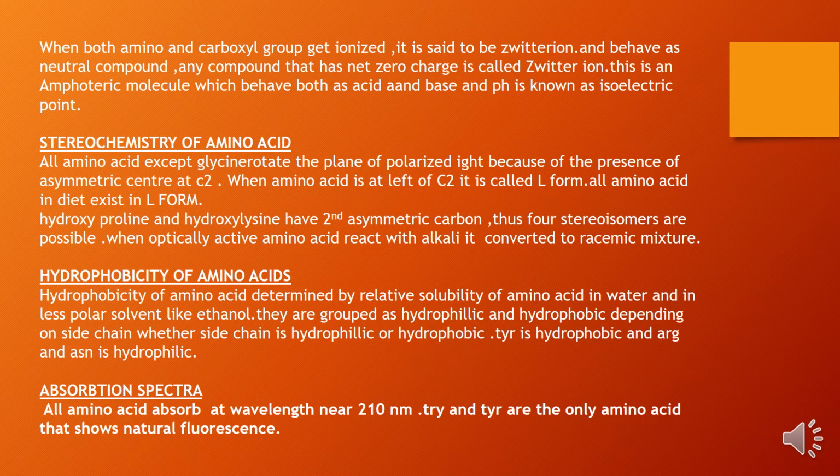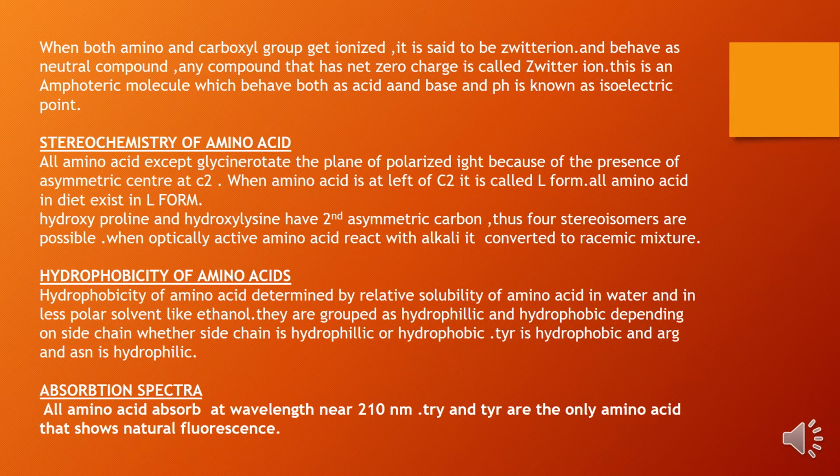So what is a zwitterion? Any compound that has net zero charge. An amino acid is also a zwitterion because it has no net charge. It can act as acid or base because it has a carboxylic group and an amino group.